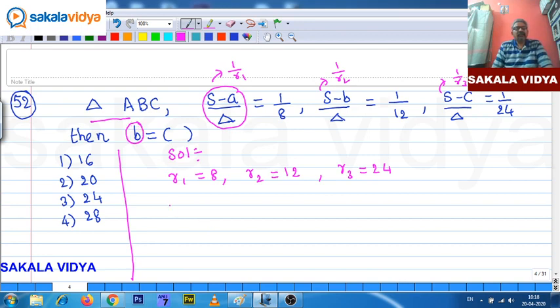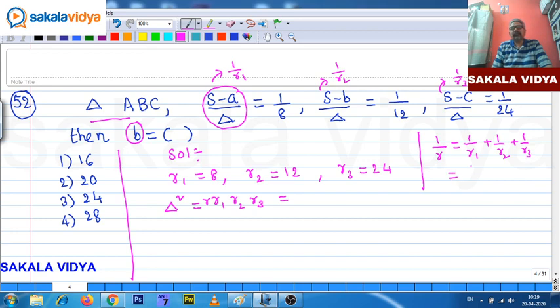First, delta is calculated. We know that delta square is equal to r1 into r2 into r3 into r. So here we need to find out the r value. 1 by r is equal to 1 by r1 plus 1 by r2 plus 1 by r3. We know this formula.